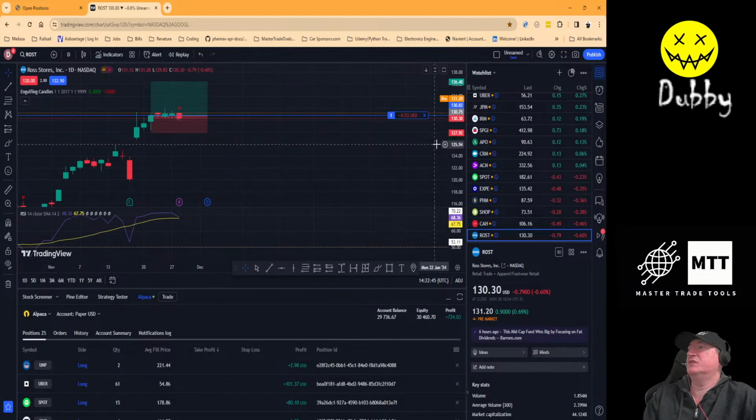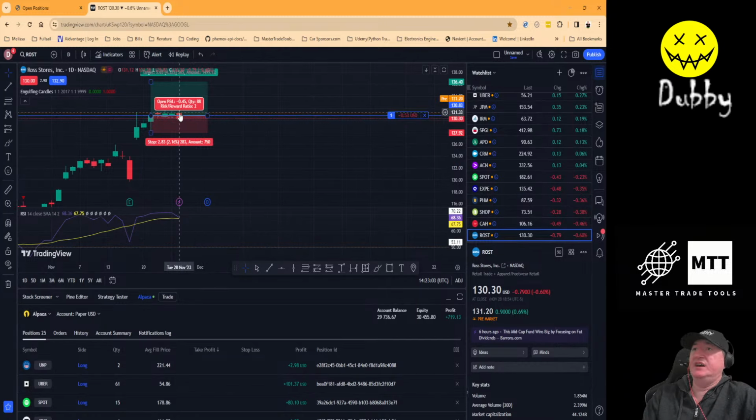Pre-market movement from $1.30.30 to $1.31.20 a share, which is about $3.30. So that's good. That's a lot of movement, especially after the pullback yesterday.